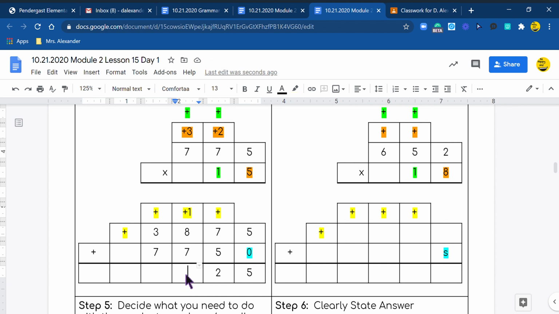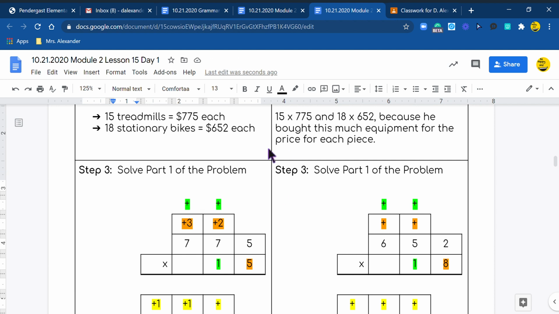Good job. I carry my 1. So we have 3 plus 7 plus 1. Good job, you guys. It is 11. There's my answer for that one. So he spent $11,625 on treadmills.